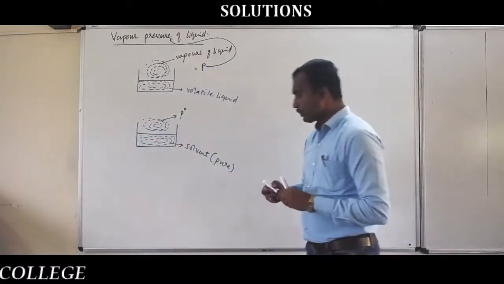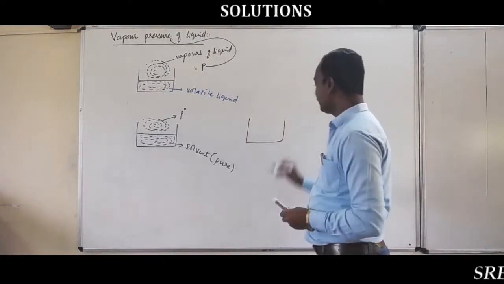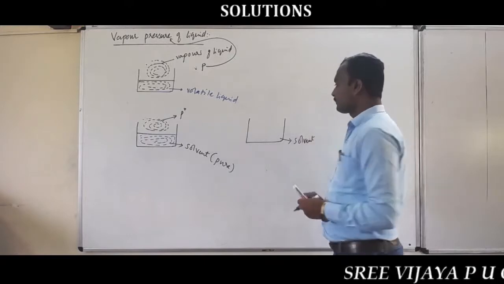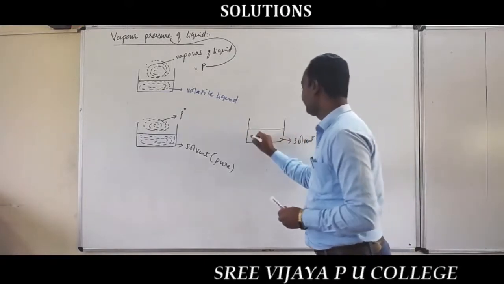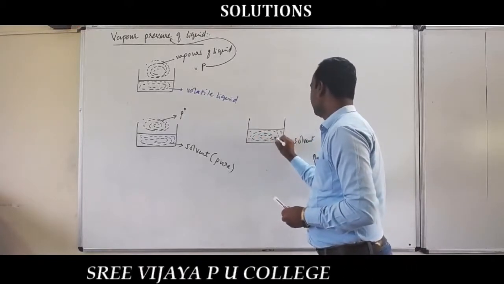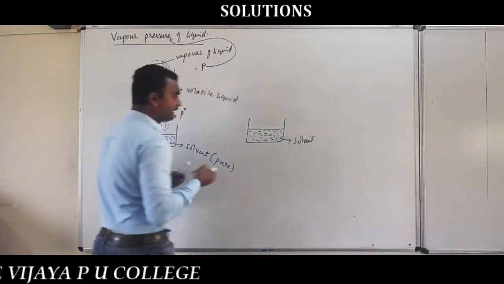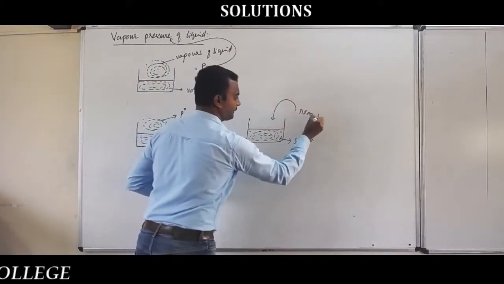So again, one more beaker I am going to take. Again there is a solvent. This is the solvent surface. This is the solvent here. To this pure solvent, I am going to add a non-volatile solute.